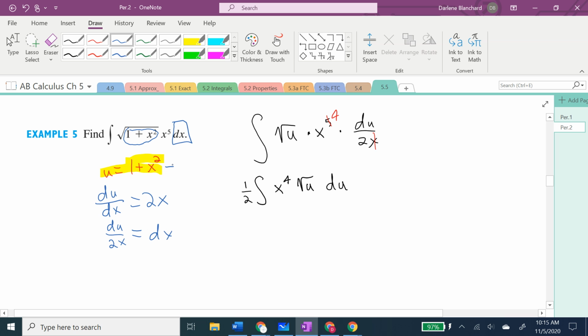I can take this equation and isolate x. In this case, I think it would be quicker if I isolated just x squared, but I could go ahead and find the square root and plug it in. And x to the 4th power is the same thing as x squared squared. And I'm going to replace x squared with u minus 1.